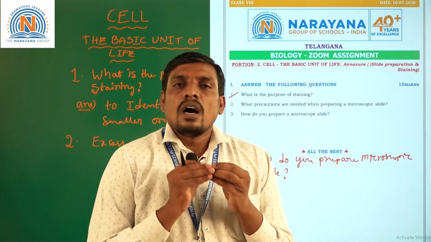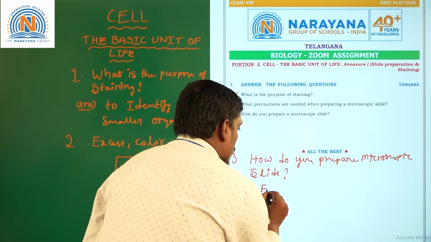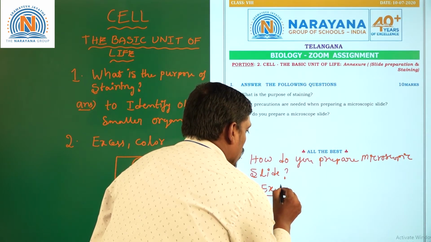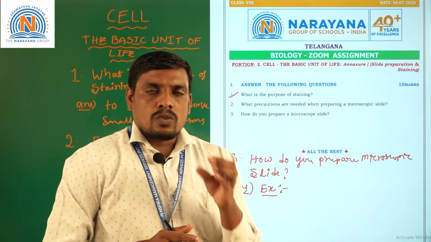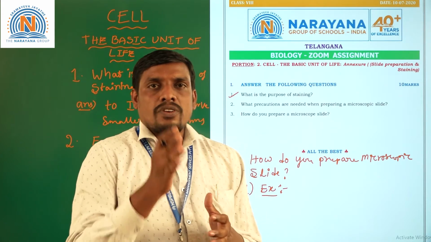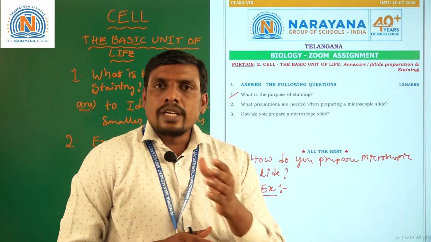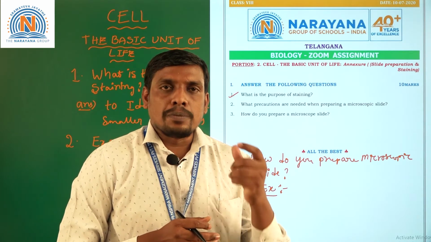For better understanding of how we can prepare a microscopic slide, I would like to present an example. Suppose you want to see the blue-green algae present in pond water. How can you prepare the slide?